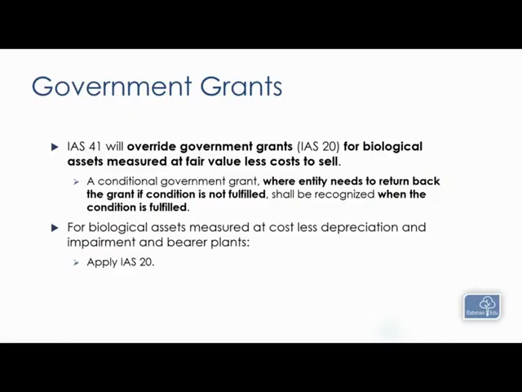That means it is not repayable to the government anymore. At that point, you can recognize this government grant as income in your statement of profit or loss, if the asset is measured at fair value less cost to sell.